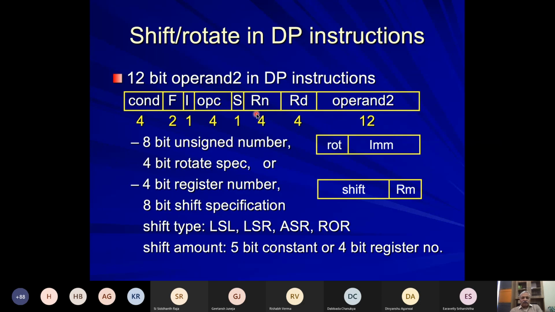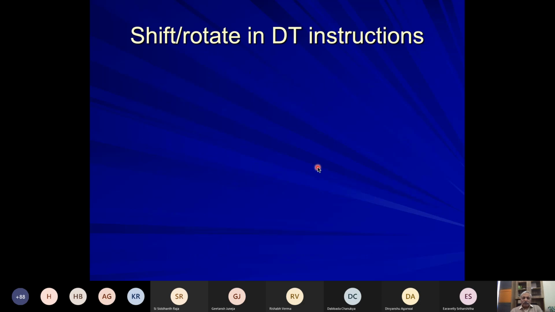So in the DP instruction, this is the S field, right? The condition field is here, leftmost in all instructions. And within the operand 2 field, you have rotation and shift provisions. So we have discussed this, so I'll not go into that further.